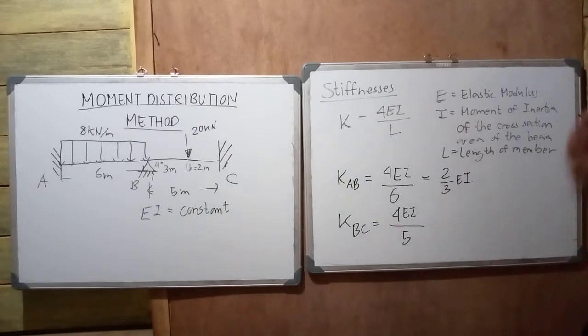Next, we have computed the fixed end moments and the stiffnesses. I hope you remember what we wrote on the board earlier: MAB, MBA, MBC, and MCB.